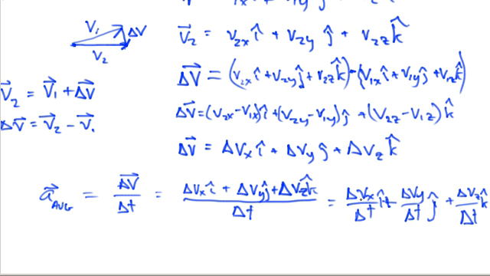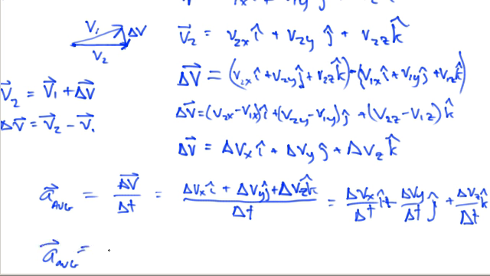Alright, this is delta vx over delta t times i plus delta vy over delta t times j plus delta vz over delta t times k.